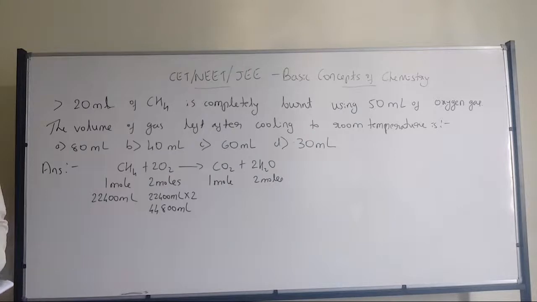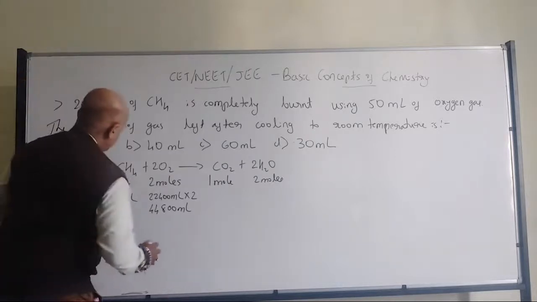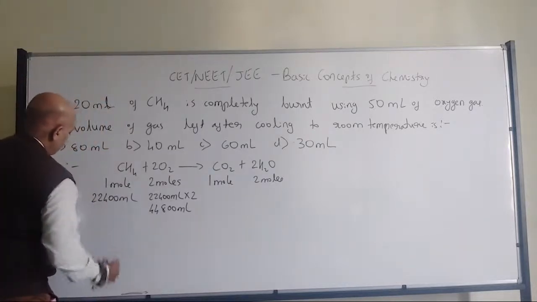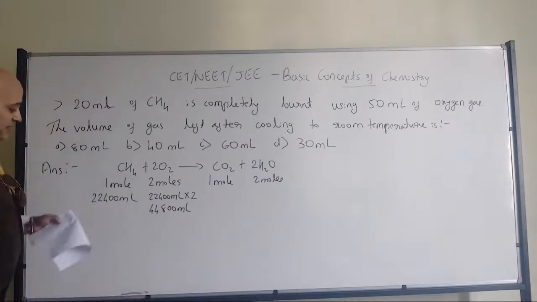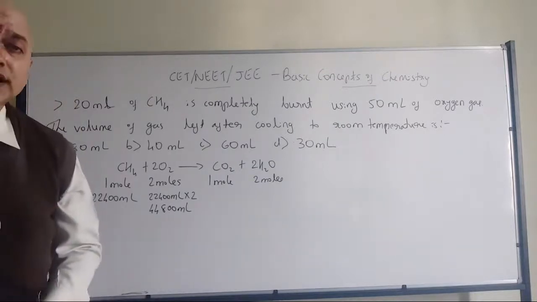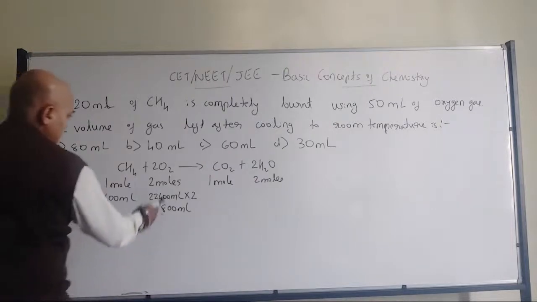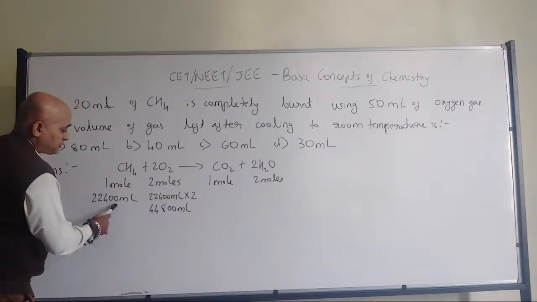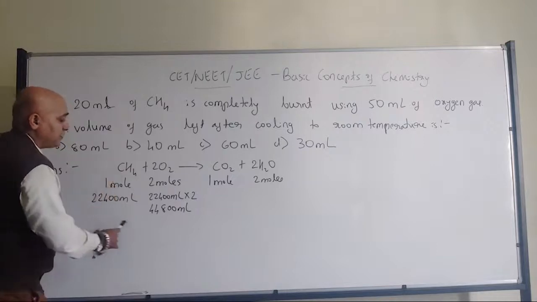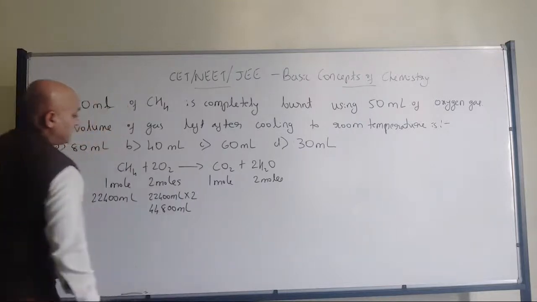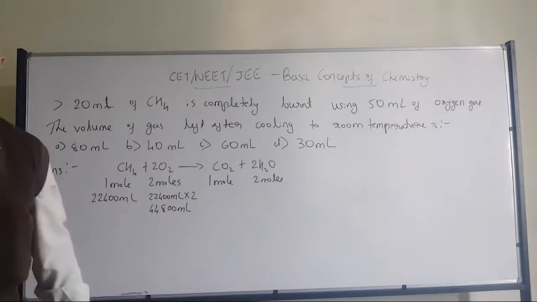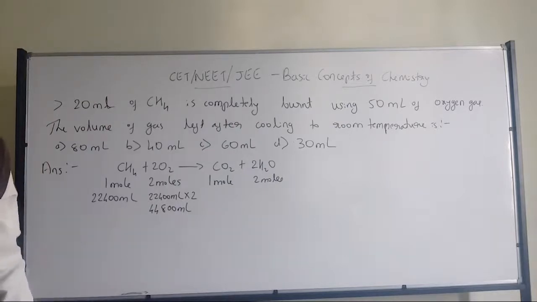Now according to that, for 22,400 ml of methane, how much oxygen it requires? 44,800 ml of oxygen. According to this equation, 22,400 ml of methane demands 44,800 ml of oxygen. All of you will agree?